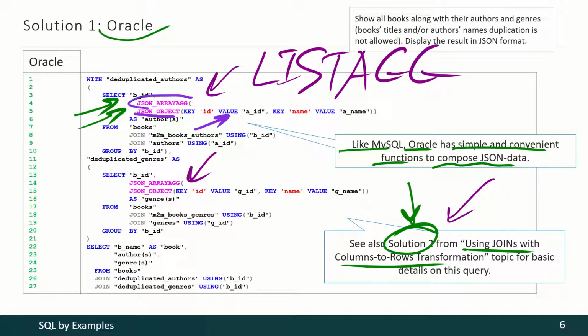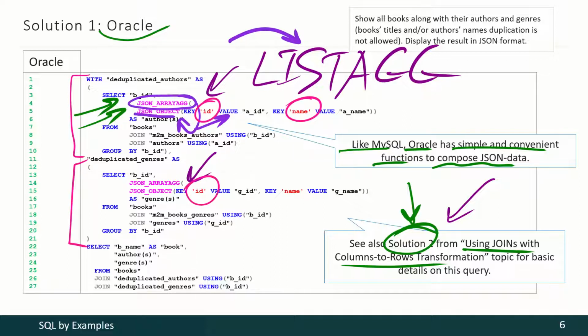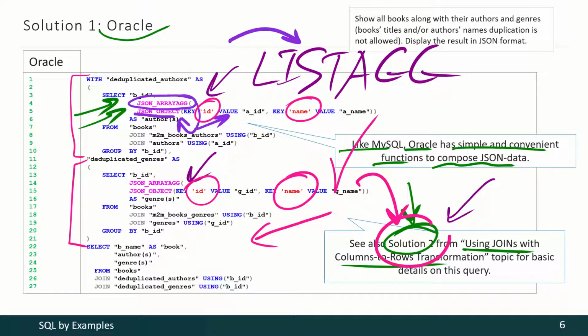And the second function performs the same operations for JSON data as list agg does for string data. So we need two common table expressions to produce lists of authors' IDs and names and genres' IDs and names. And like in both previous cases for MySQL and Microsoft SQL Server, that's all because all other ideas are the same as in this solution.